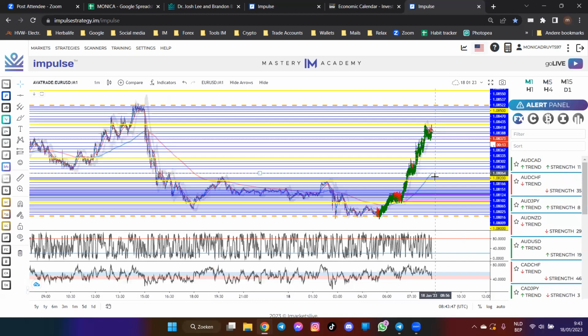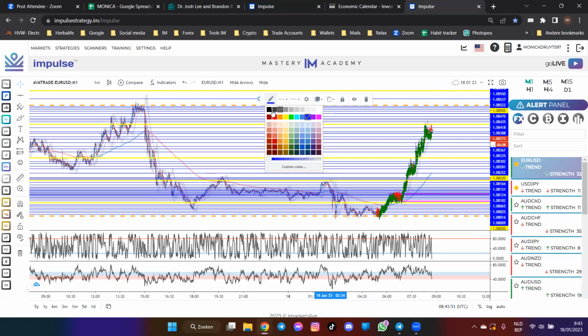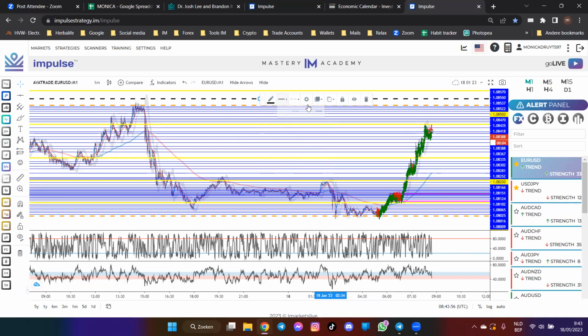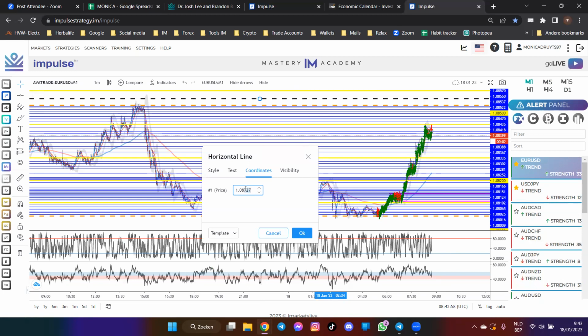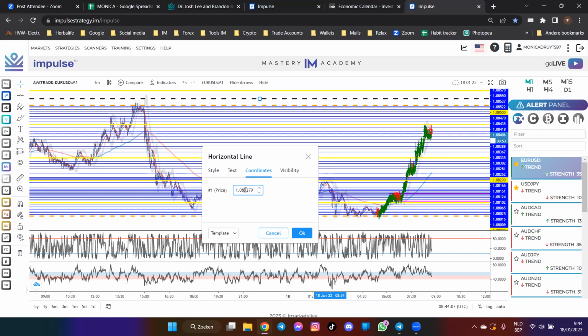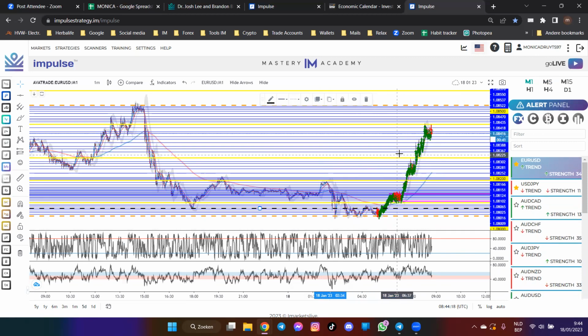I go back to my 1 minute, take this line, put it somewhere, make it black. 1.07749. Why doesn't it change? It needs to be 1.07749. Oh, what did the last line with the 5 minute mean?